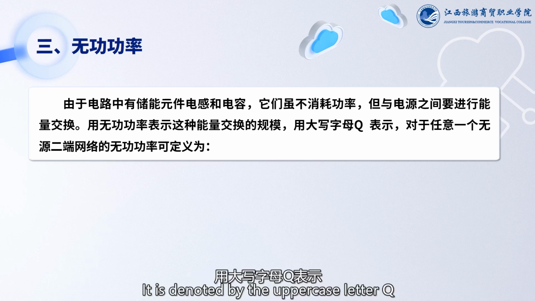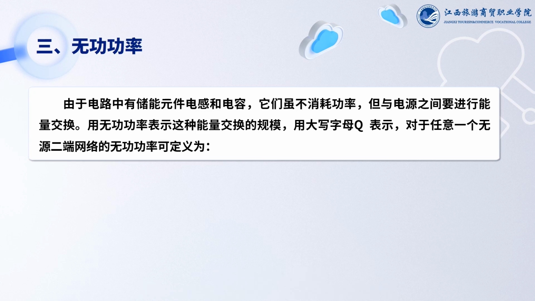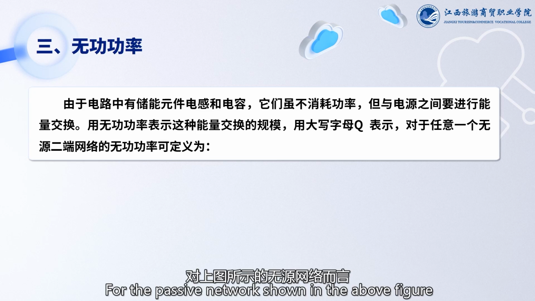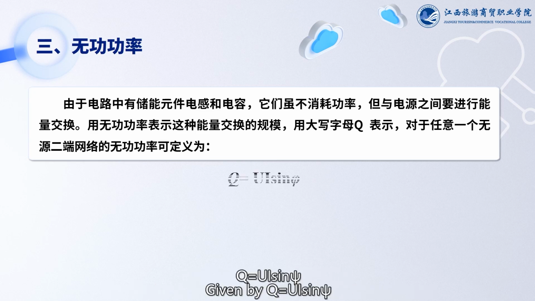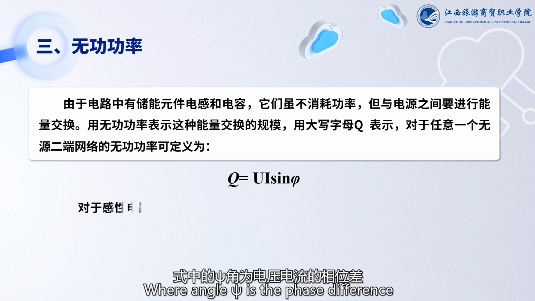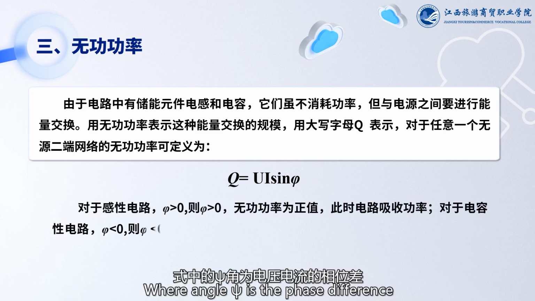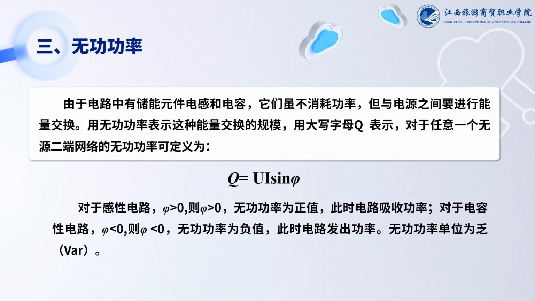It is denoted by the uppercase letter Q. For the passive network shown in the above figure, its reactive power Q is given by Q equals UI sin φ, where angle φ is the phase difference of voltage and current.